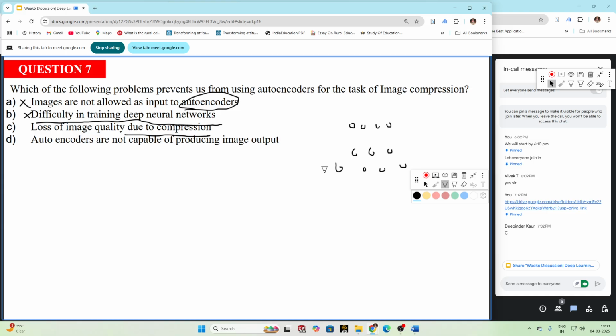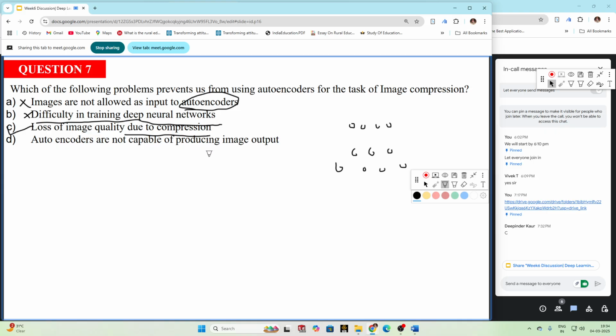Here we are using a smaller number of neurons in the hidden or encoding layer, so there will be loss of image quality due to compression, as we have seen in the code also. We have under complete and over complete autoencoders. In the under complete autoencoder, when we reconstruct the image, the output is slightly blurred, so the image is undergoing compression. So option C is correct.